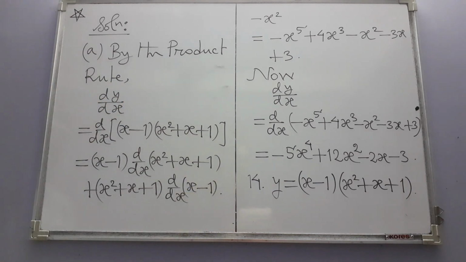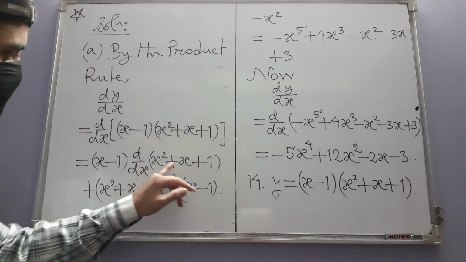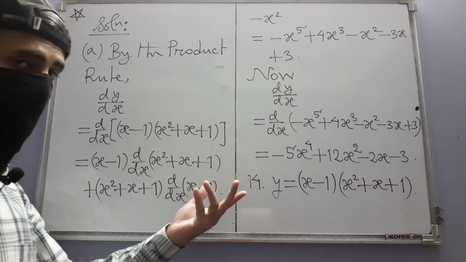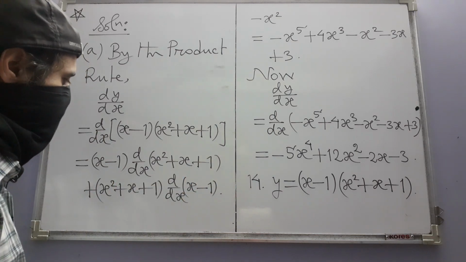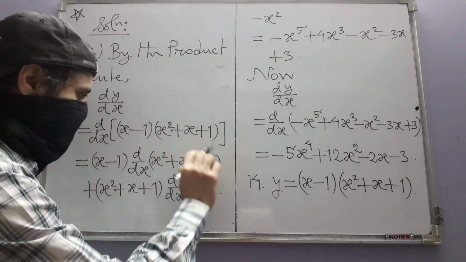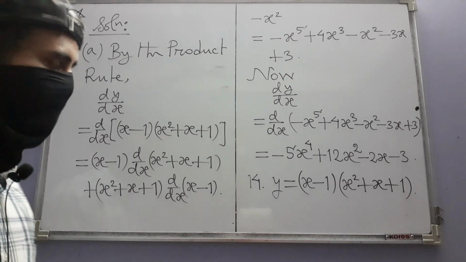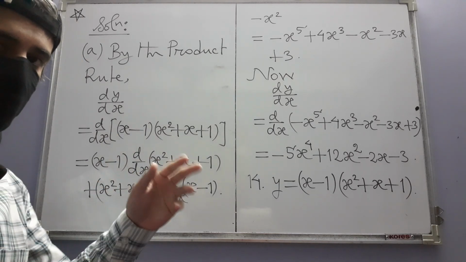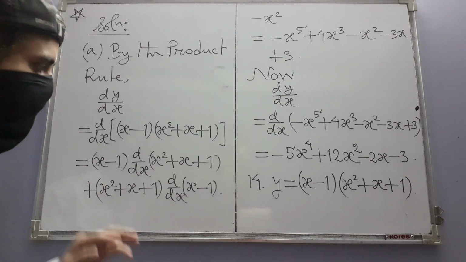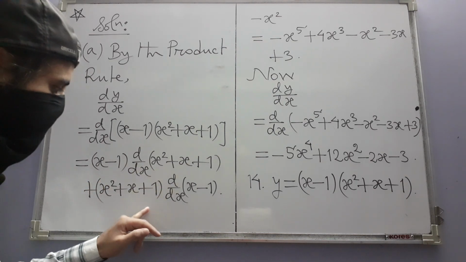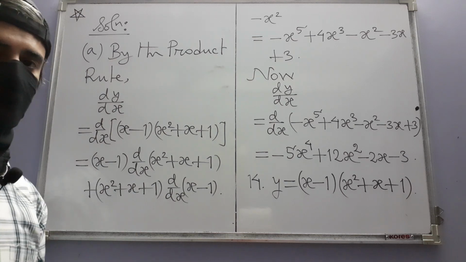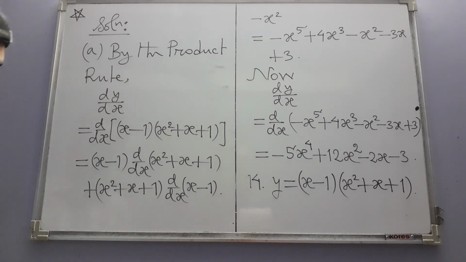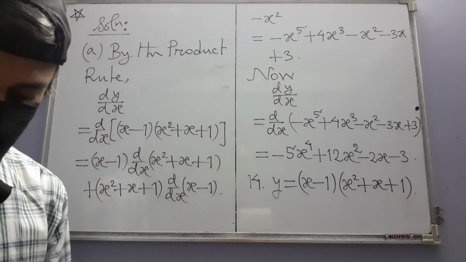You may be thinking, if you can write the derivative of this term first and then this one, you can. But if you do so, make sure you use another set of brackets. Otherwise, it may accidentally look just like this, as if you are differentiating the entire thing. That's why I am carefully writing the derivative after writing the factor which we are not differentiating in that term. Okay. So now let's do the differentiation.